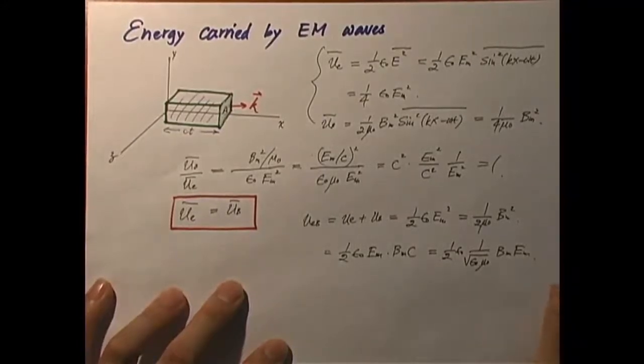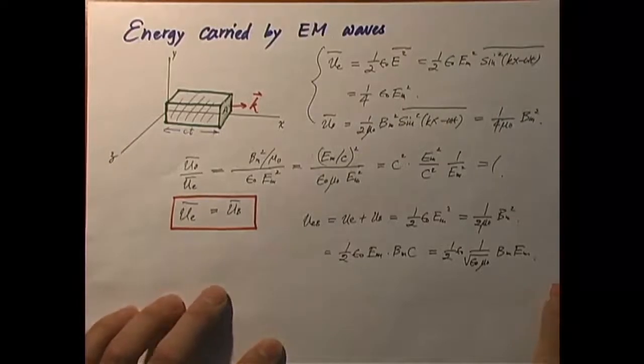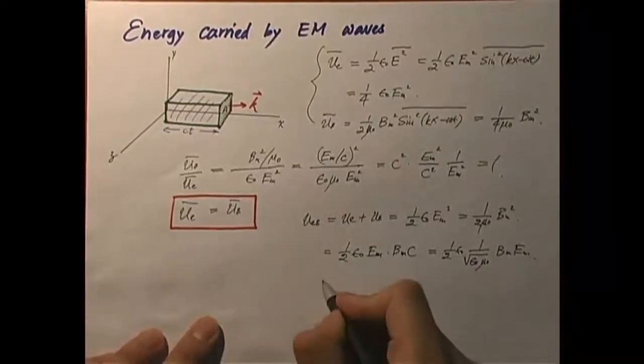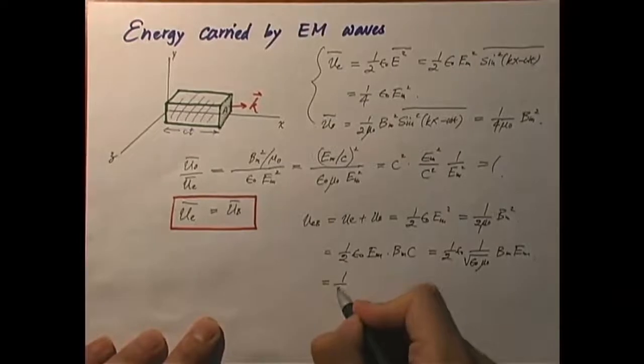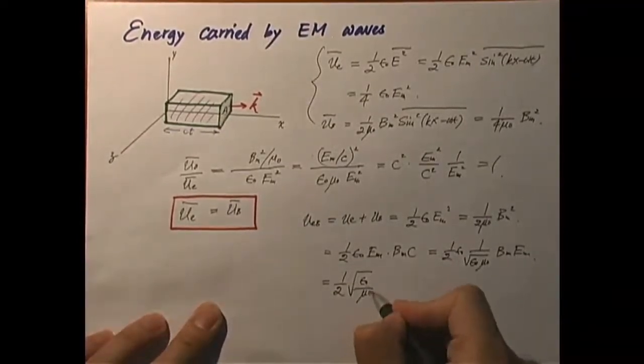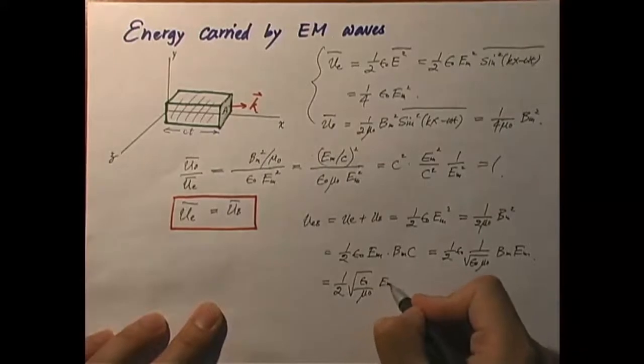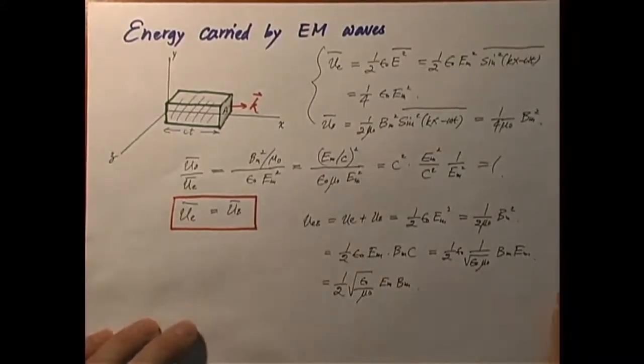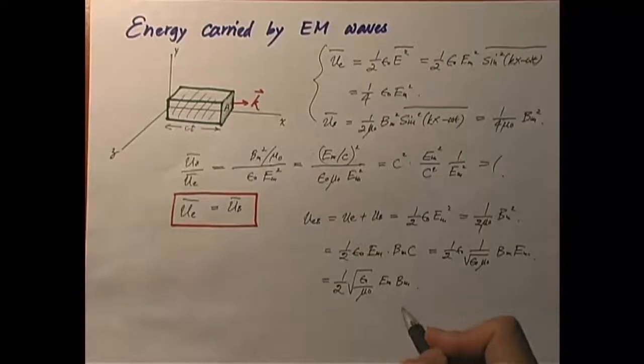See, I can do it this way. Okay, and let's see, what do we get? This is 1/2 the square root of epsilon naught mu naught E maximum B maximum. Okay, this is a little bit better because it contains both E maximum and B maximum, so you see the symmetry between E and B.